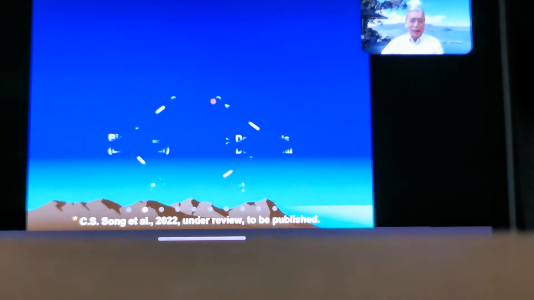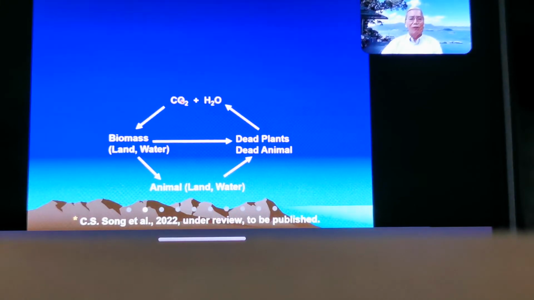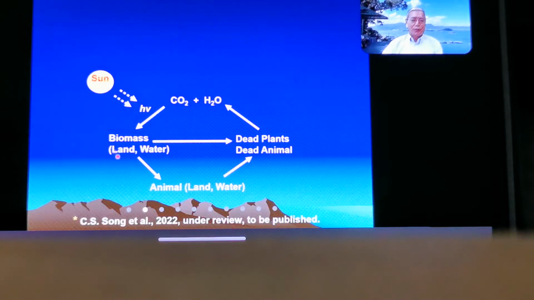Technically, we all know that starting from CO2, through photosynthesis, we make CO2 and water into biomass, the biomass on land and also biomass in the ocean. And there are also animals on land, including humans, and zooplankton in the water in the ocean.